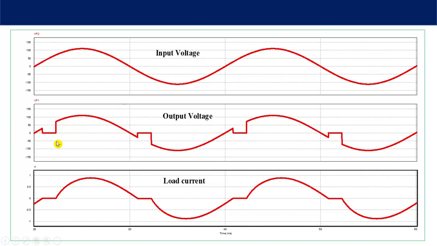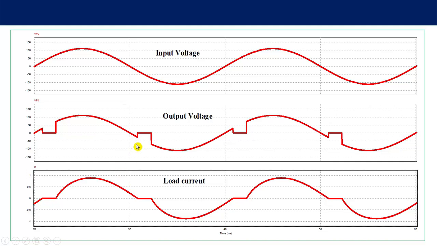Otherwise, you will see unwanted behavior of the circuit, lots of ripple across the output voltage, and harmonics will increase. So here current is 0, here also current is 0. So during this period both the thyristors are off. Here also it is off. So here thyristor number 1 is off and here thyristor number 2 is off.